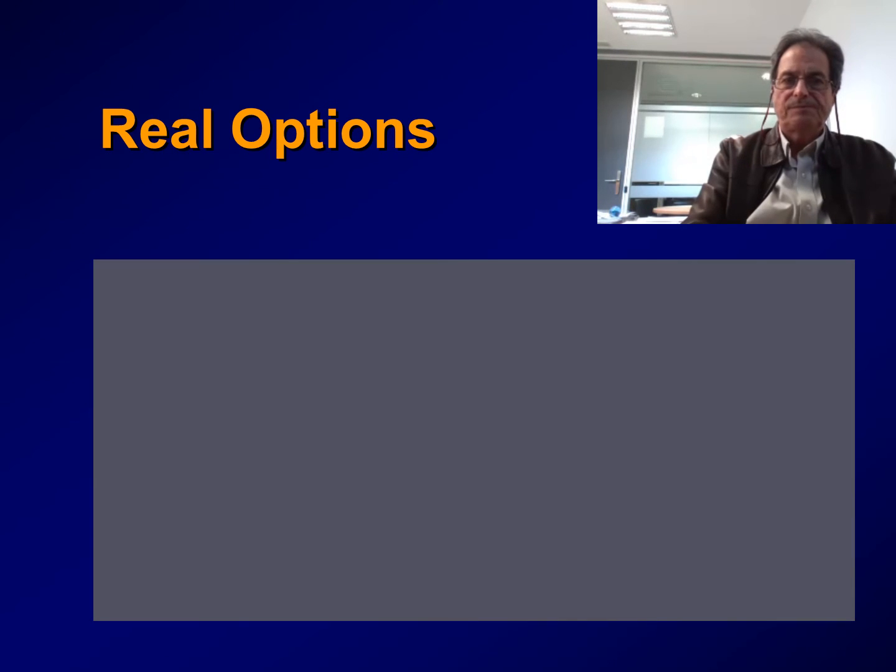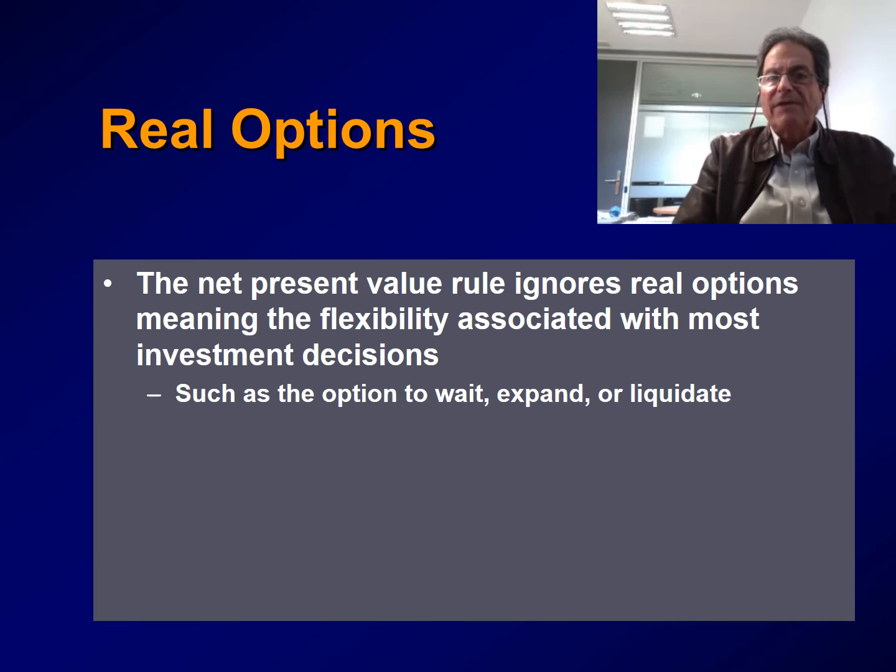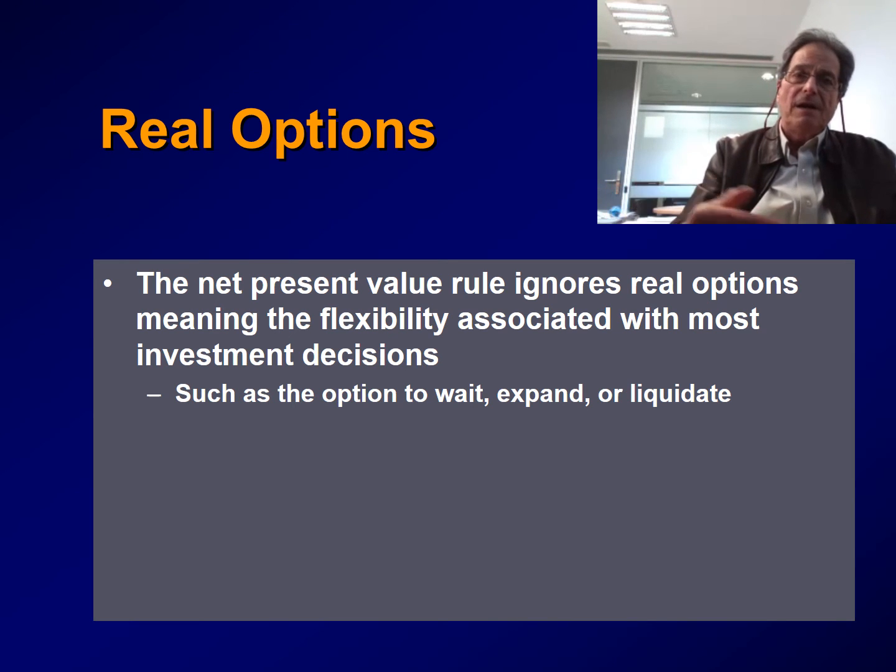Real options. The net present value rule that we use to value companies and projects ignores real options. And by this, we mean the flexibility associated with most investment decisions. Whenever we do an investment, this usually is not an inflexible decision. So over time, we can modify the characteristics of the investment.